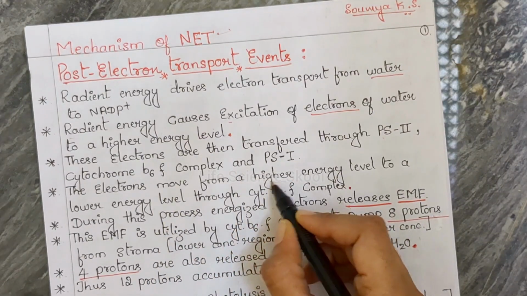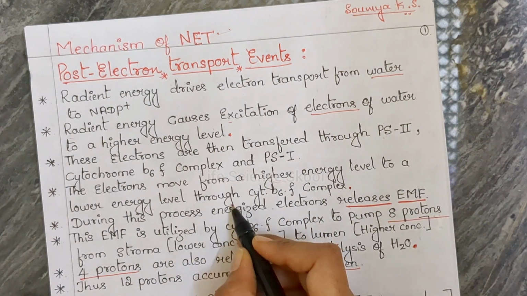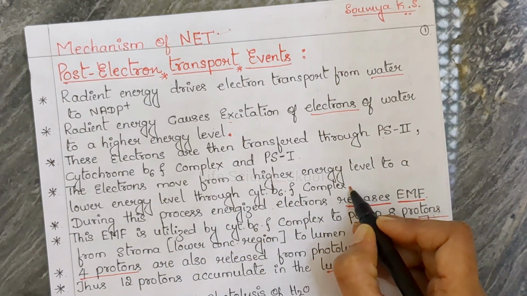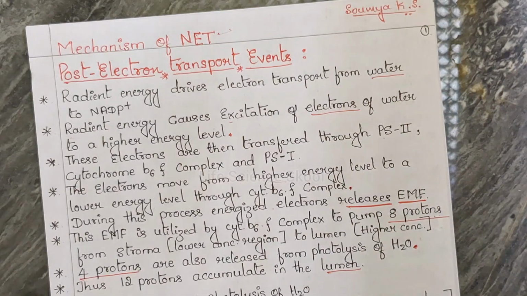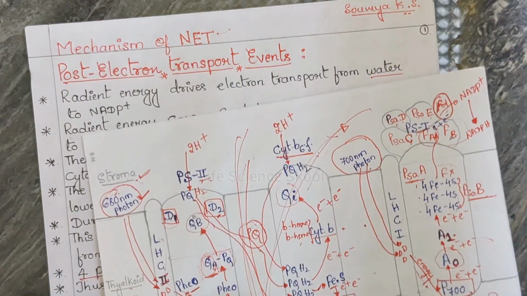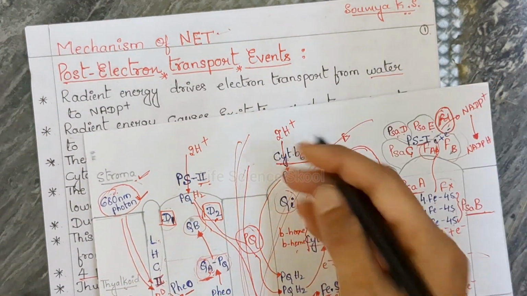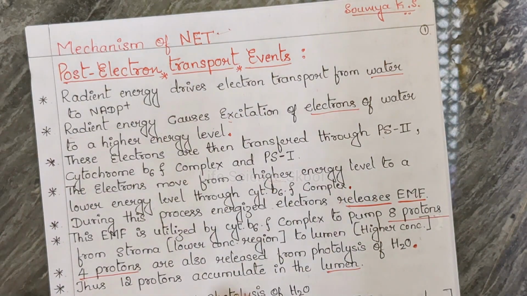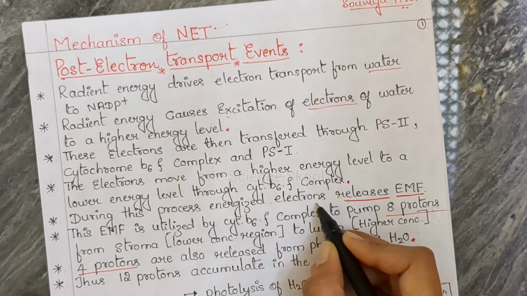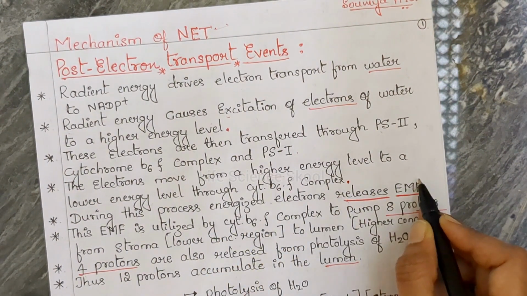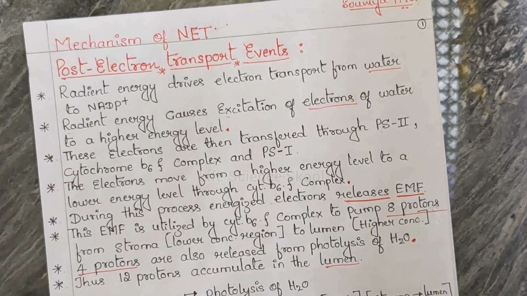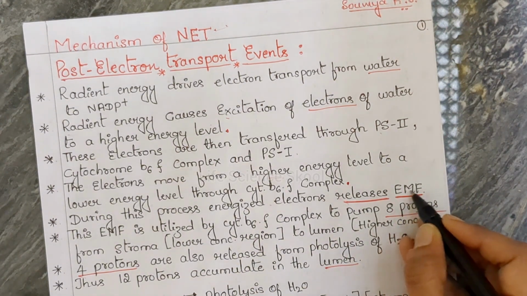Electrons are moved from a lower energy level to a higher energy level through cytochrome b6f. During this process, energized electrons release a force or energy called electron motive force.